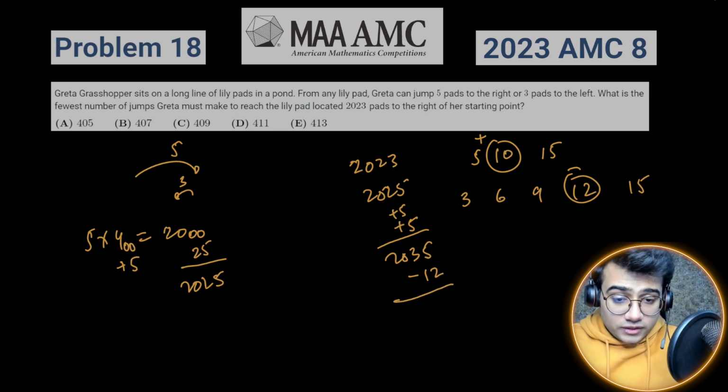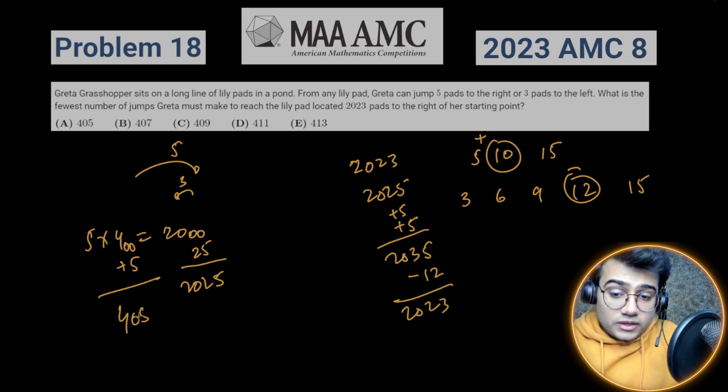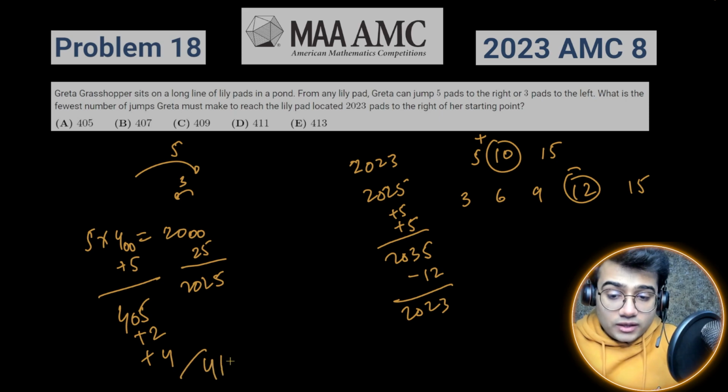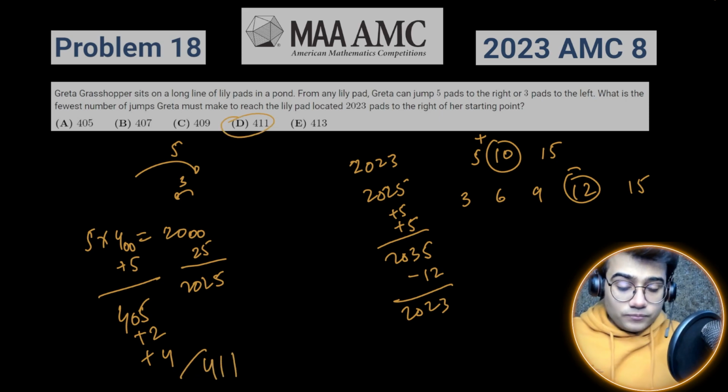Minus 12 is going to give us 2023. How many jumps did it take in total? So 400 or 5 jumps initially, then 2 more jumps of 5, and then 4 jumps of 3s to the left. So that gives us a total of 411. So the answer is D.